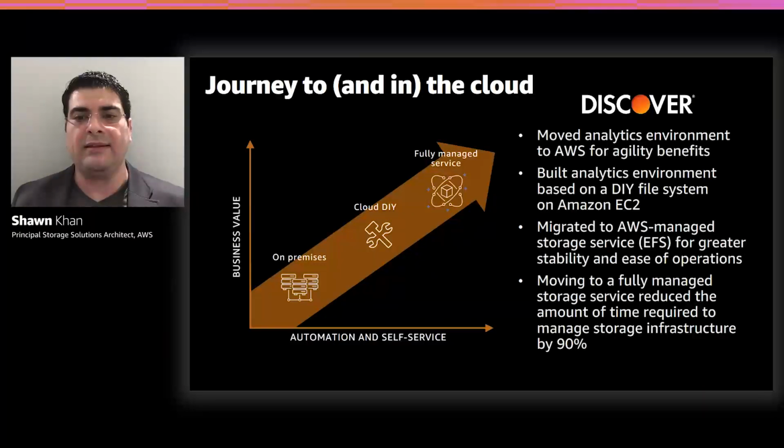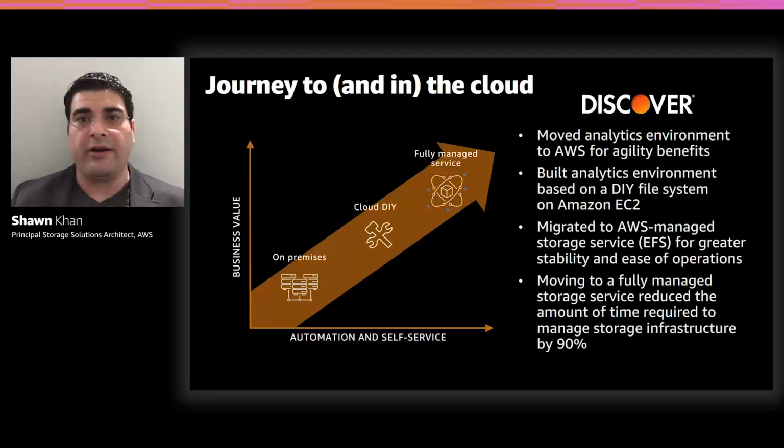Discover has multiple lines of business that utilize analytics to gain insights into their business, and they collaborate across multiple teams to enhance the products and services offered by Discover.